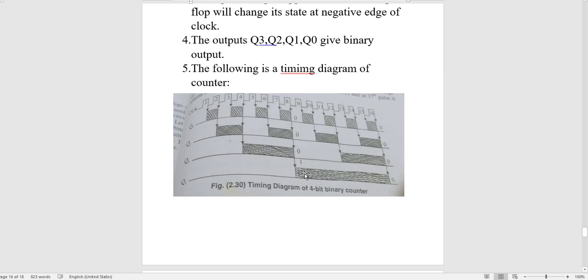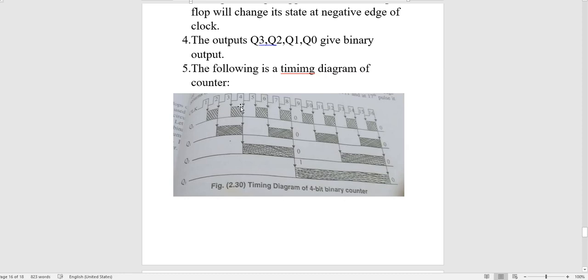Then at the negative edge of the second clock pulse, flip-flop A will change its state from 1 to 0, and the same process will continue.